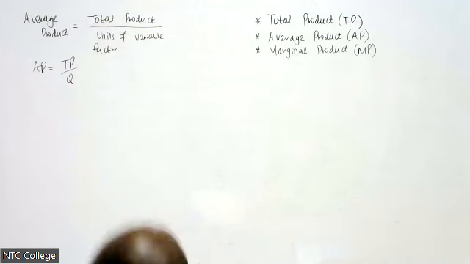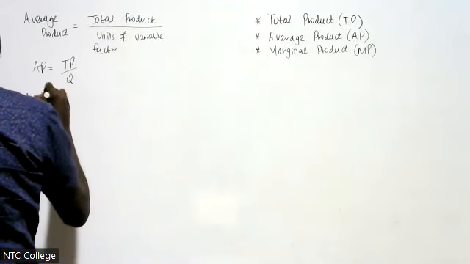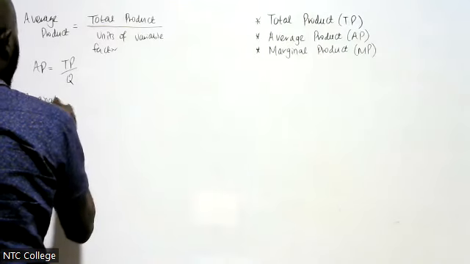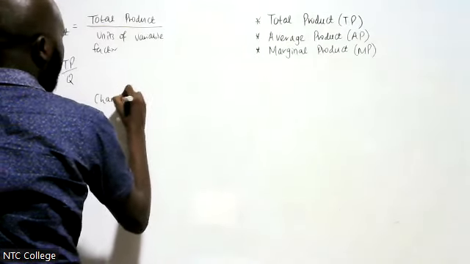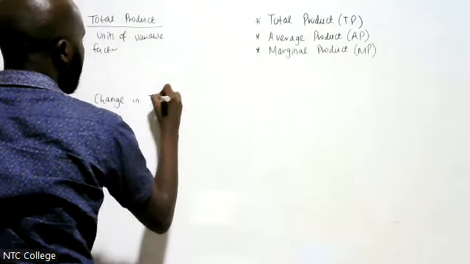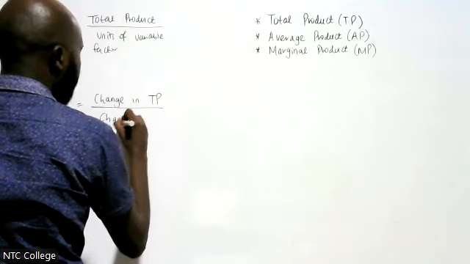Let me just give the formula for that. So the formula for marginal product equals change in total product over change in the unit of the variable factor.